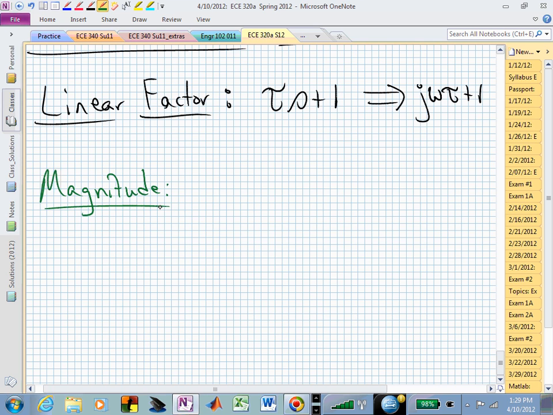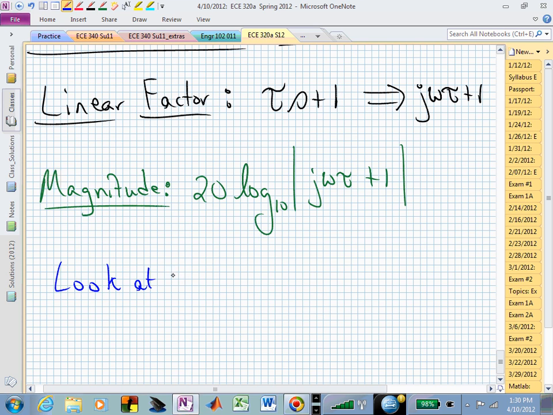What I want you to do today is get a feel for what we're dealing with. We now take 20 times the log, that's base 10, of that factor, which is j omega tau plus 1. And I hope it's clear that that magnitude does depend on frequency, omega. But let's look at some extremes so that we get a feel for what might happen.